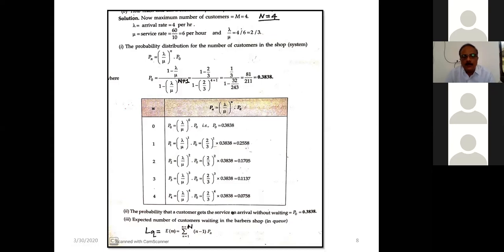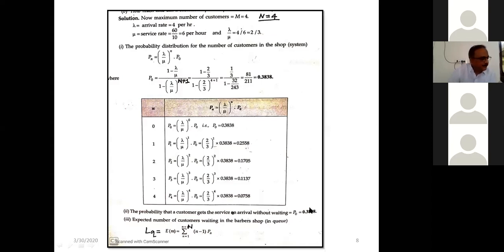So we are talking about an empty queue, or 0 customers in the system, and we have already calculated P0, which is 0.3838. So the answer is 0.3838.